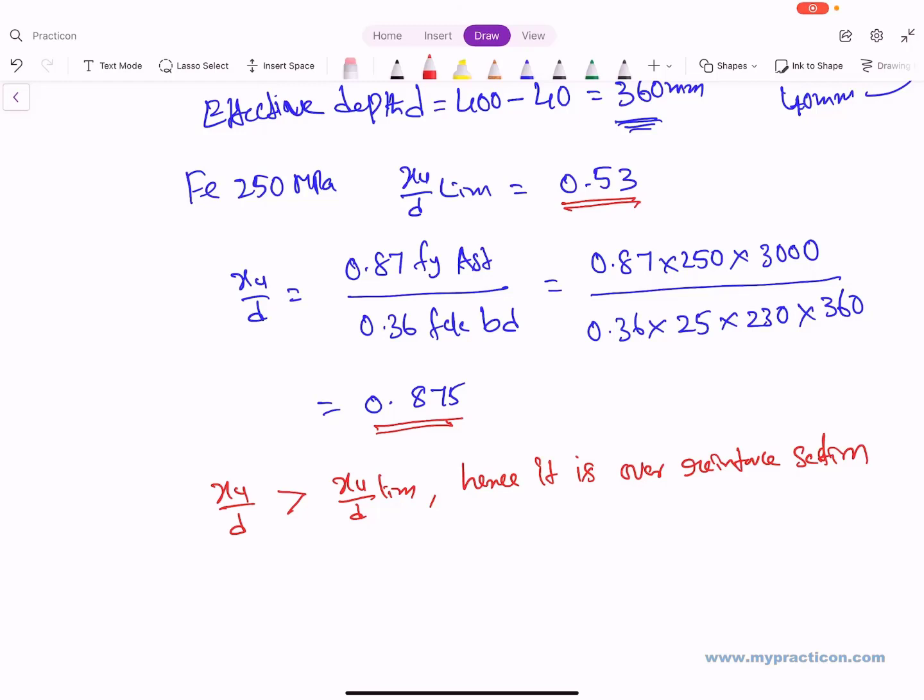That's why the concrete fails, and cracking will not occur even before the concrete crushes and collapses. So prior to failure, the cross section will not give any warning and the concrete fails all of a sudden. That's why we normally won't design for the over reinforced section. Even if more steel has been provided than required for the balanced section, we restrict the load carrying capacity to the balanced section.